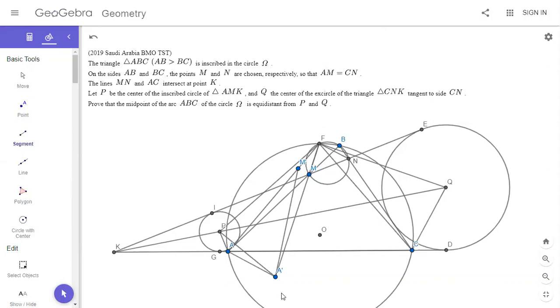So FA prime is equal to FA is equal to FC. So we know that these two triangles share a side. Can we then show that they're congruent somehow? We kind of know angle FCQ.